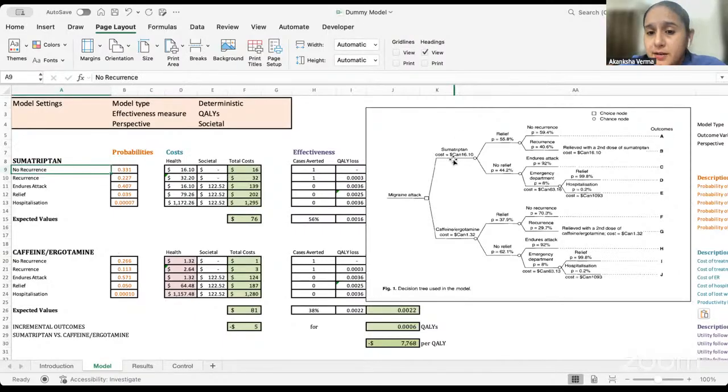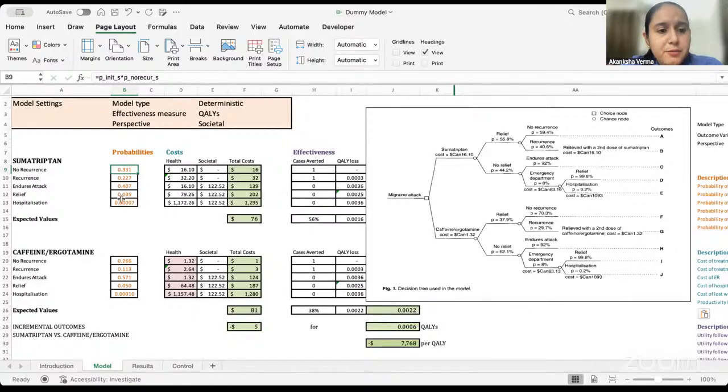So what all branches did you have? No recurrence or recurrence, endured attack or relief, or hospitalization. Probabilities are assigned at the terminal nodes, at the end.